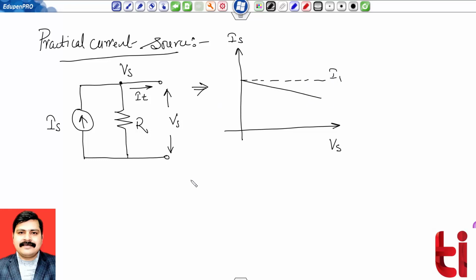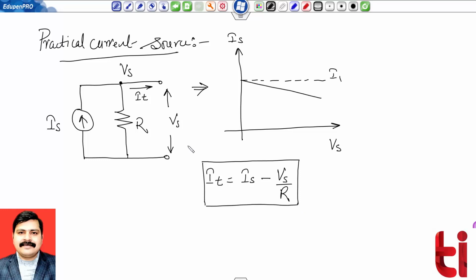One can easily calculate that the current IT will be equal to the source current Is minus the drop across here, and this can be measured by a simple voltage upon the current, so it is Vs divided by R. So this is the relationship of the practical voltage source and the practical current source.